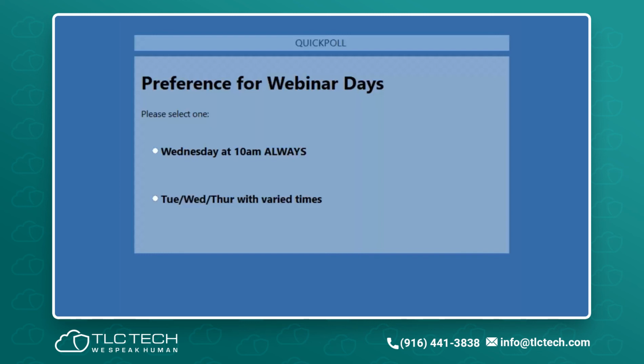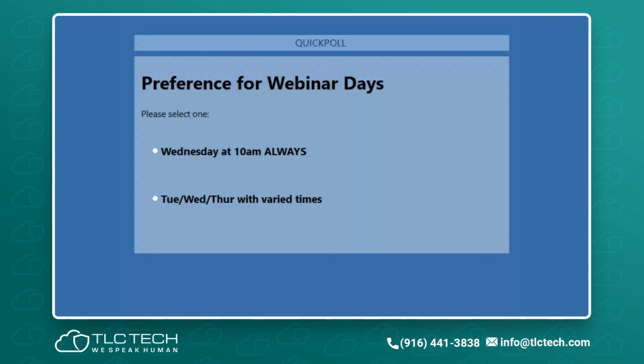Awesome. So we've got 14% of the people voting. Okay, we've got 21%. Awesome. I don't know if they can see the results or not, but we've got 34% of the people who have voted. We've got 60% preferring always on Wednesdays. Yep, it's headed up into 70% always on Wednesdays.